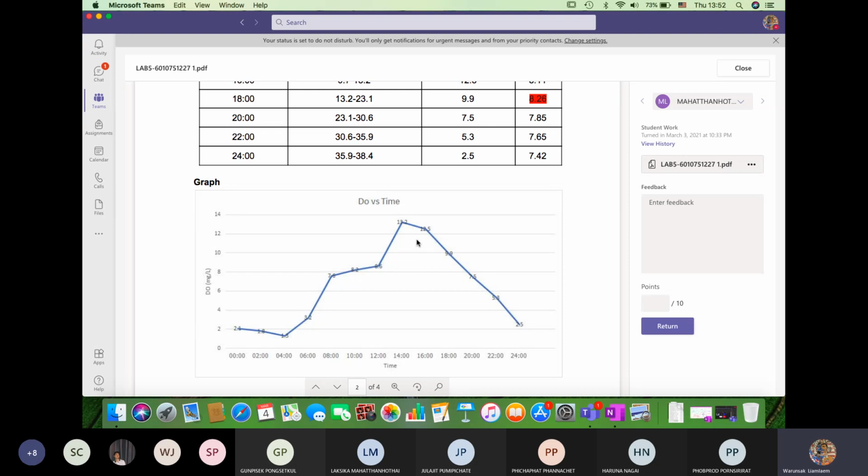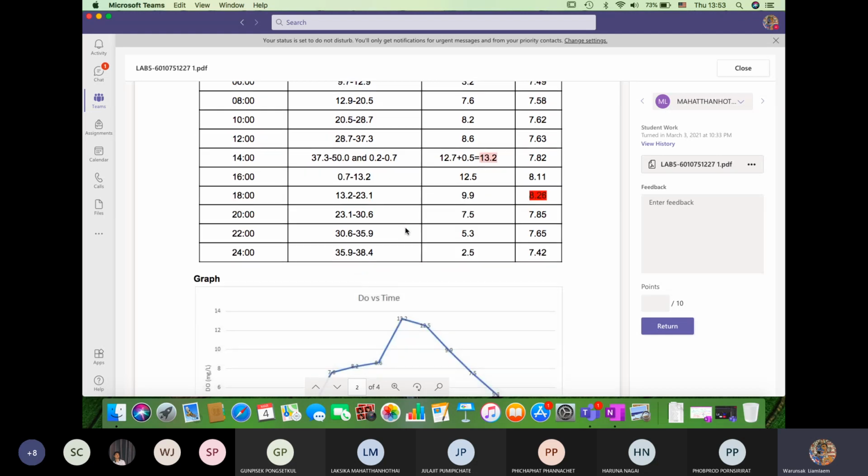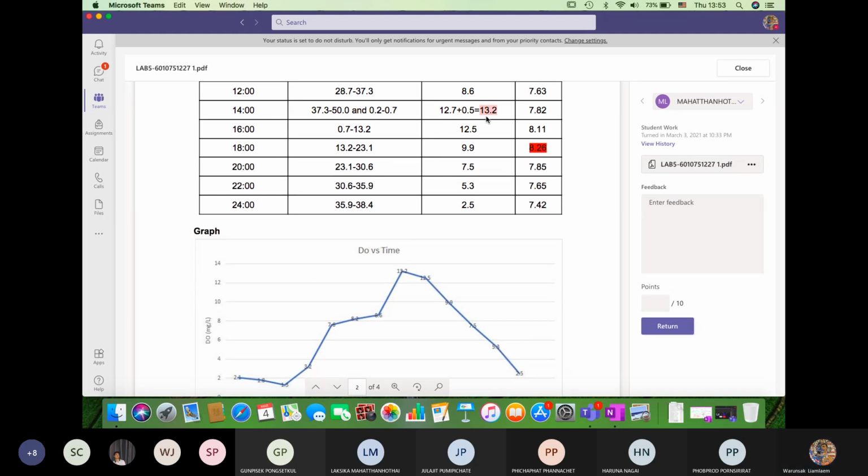Anyway, if you really look at that table, the maximum dissolved oxygen that you should get is between 7 to 8 only. But during the daytime, it goes beyond 10 milligrams per liter. The maximum actually reached 13.2, which is very high, much higher than the oxygen that may be present under the normal condition.